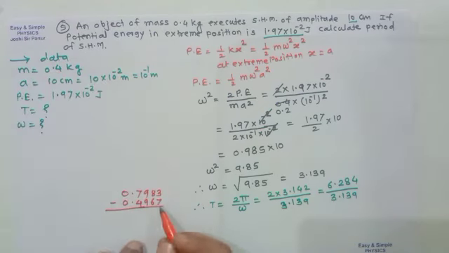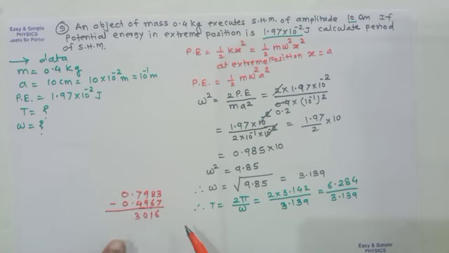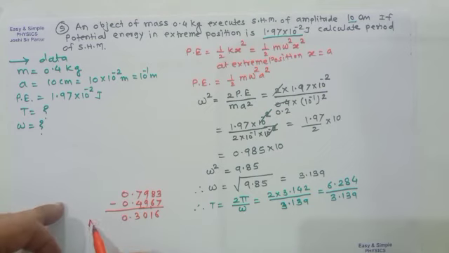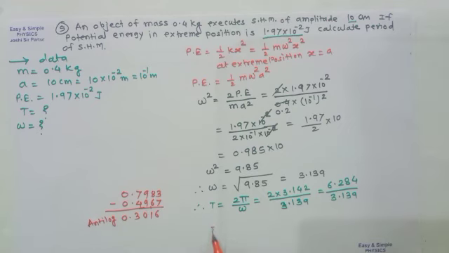So by subtraction, we get 0.3016. By taking its antilog of 0.30 in 1, 9 in mean difference, time period is equal to 2.003 second. So it is the answer for the given example.